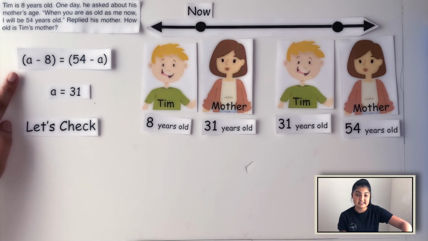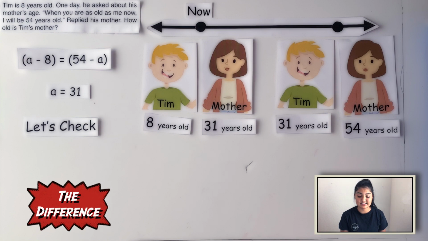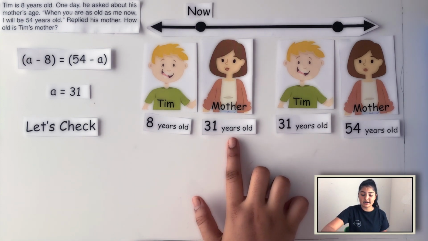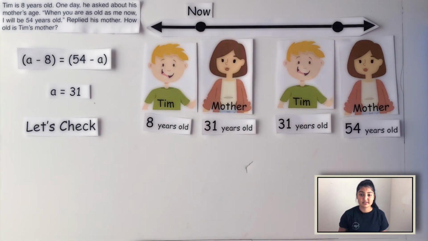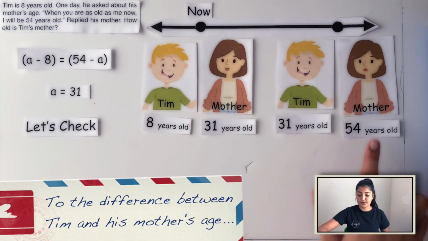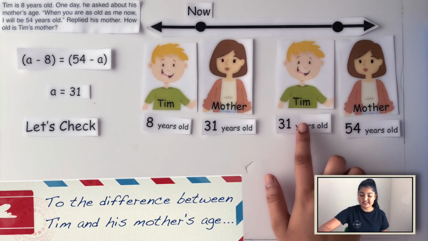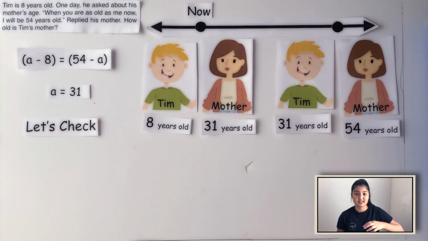To set this equation up, we found the difference between his mother and Tim's age now and made it equal to his mother and Tim's age sometime later. So, to check our work, we can plug the value of A back into our equation.